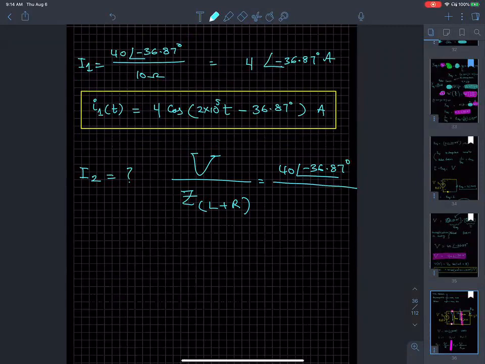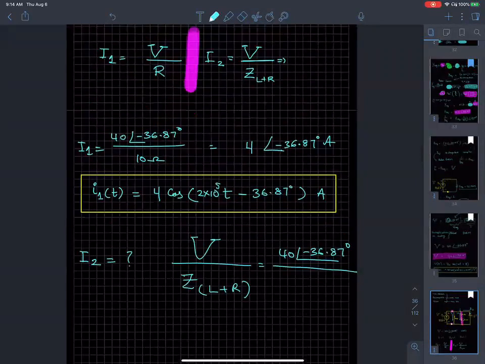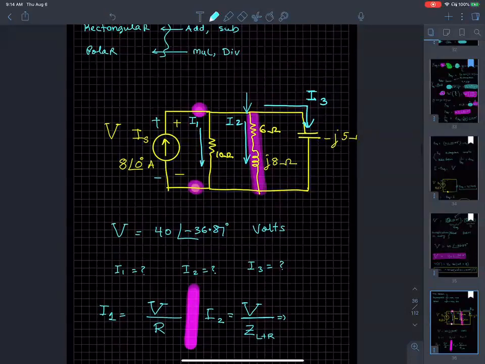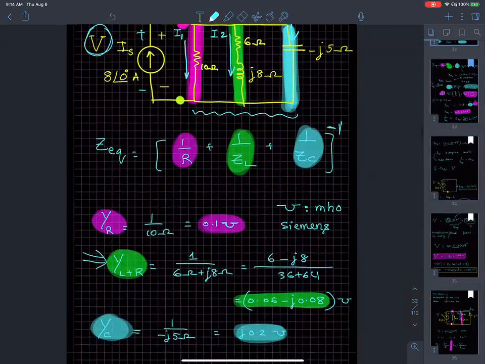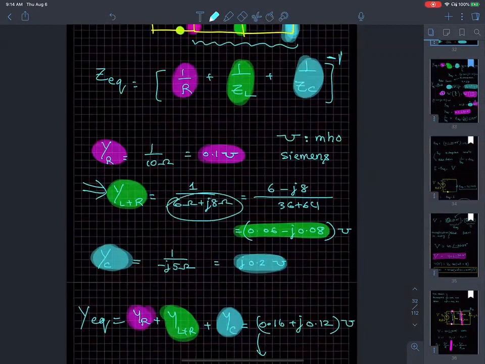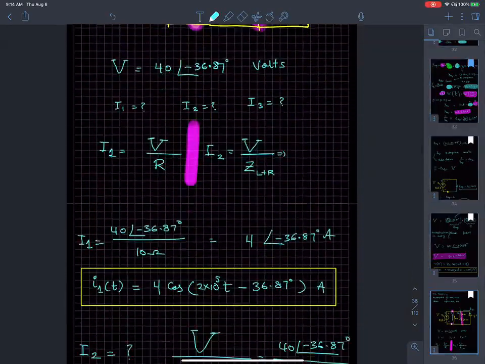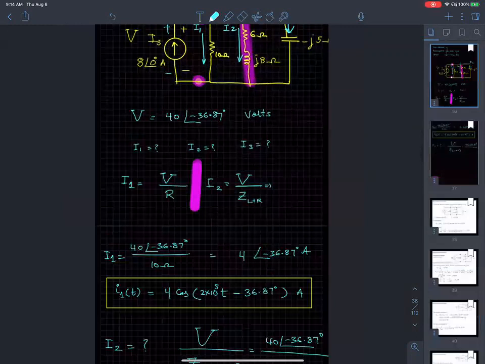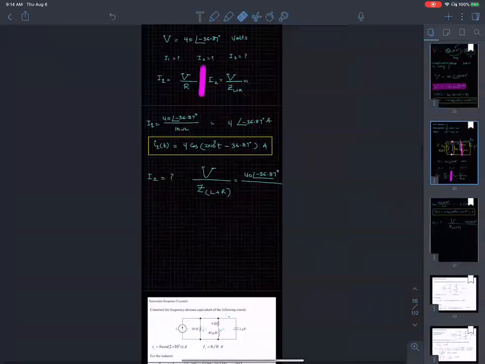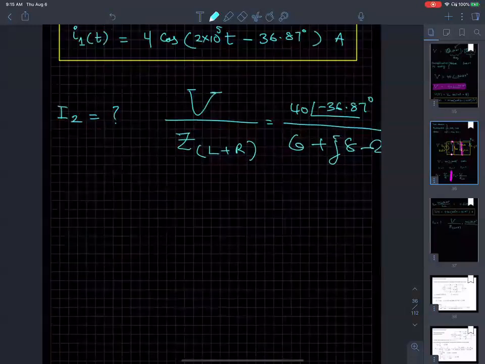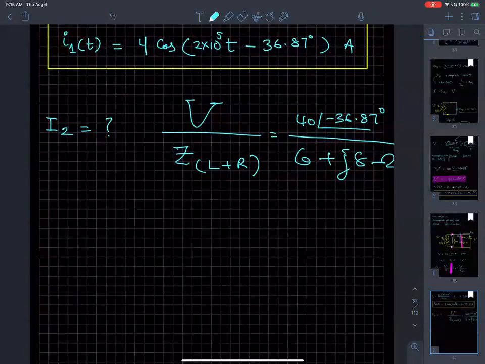And what was the impedance ZL? Let me go back to this guy. ZL was 6 plus j8 ohms. Remember, Z equivalent was 6 plus j8 ohms. So I2 is the voltage across this guy divided by 6 plus j8 ohms. This is what I'm going to write for the current here.